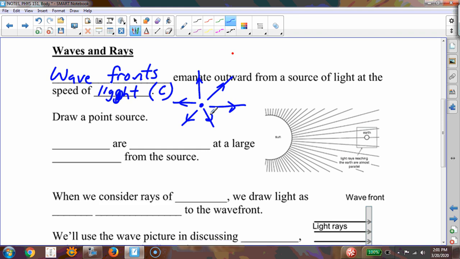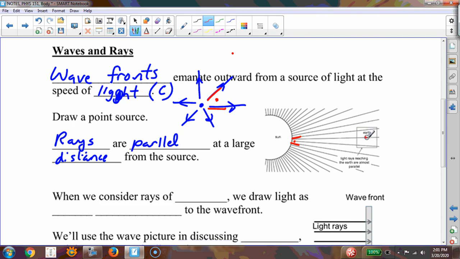Now, rays are parallel at large distances from the source. So if I imagine that I'm sitting right here, these two rays are obviously not parallel. And likewise, if I imagine the sun, if I'm standing right up next to the sun, those rays are obviously not parallel.